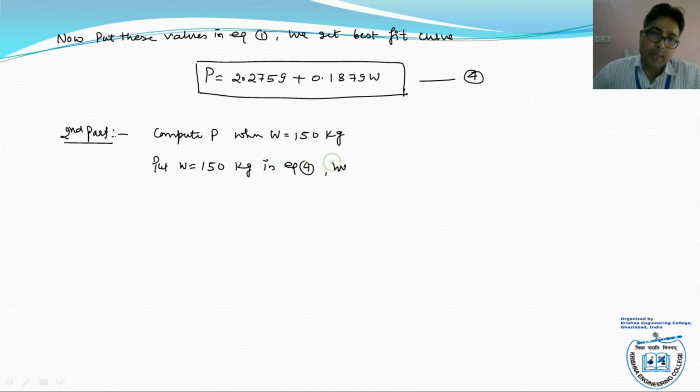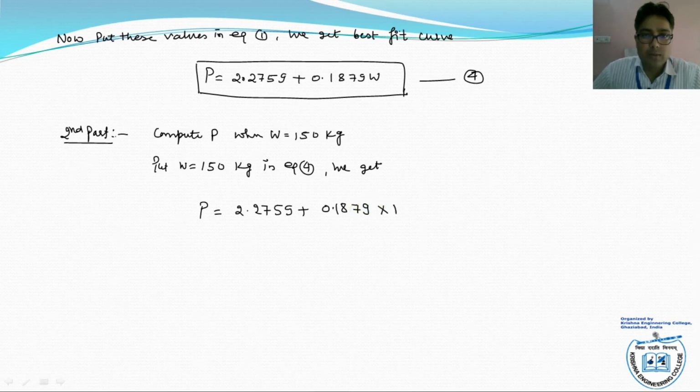In equation 4 we get P is equal to 2.2759 plus 0.1879 into W, 150.